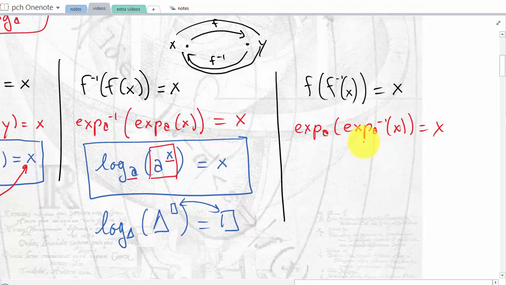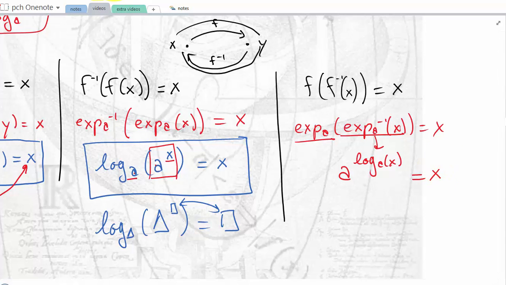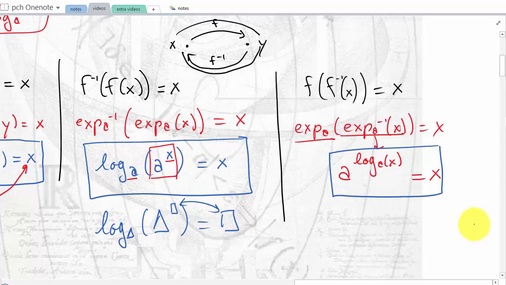The exponential inverse base a is the log base a of x, right? Now, how do you do an exponential base a? This is raising to a power, a raised to that power. Now that power is that, so this is a to the log base a of x, that is supposed to be x. So here's the third very important property between log and exponential.